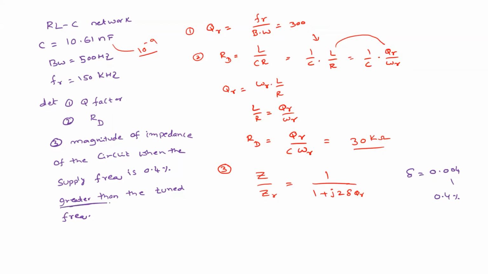This is greater than, so greater than means plus sign. Lesser than the resonant frequency means minus sign. Okay. Yes, sir. So 790.3 ohm it is coming. Just wait a second, I will check the answer.